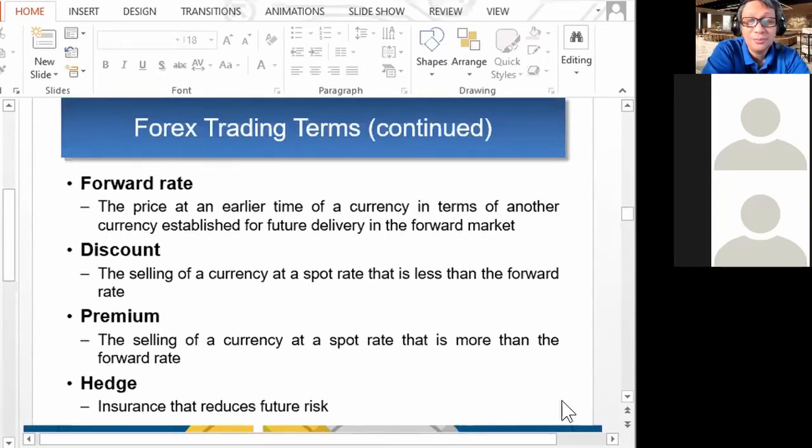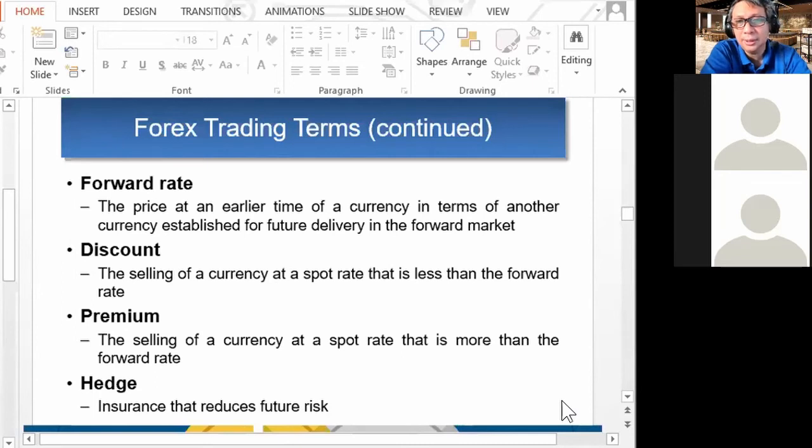Tumaas na yung exchange rate ng Philippine peso to the dollar. Nagmahal yung dollar. Nag-depreciate yung Philippine peso. 45 ngayon, 46 sa future. Ang tawag doon, discount rate. Minsan ang tawag din nila dito, forward discount rate.